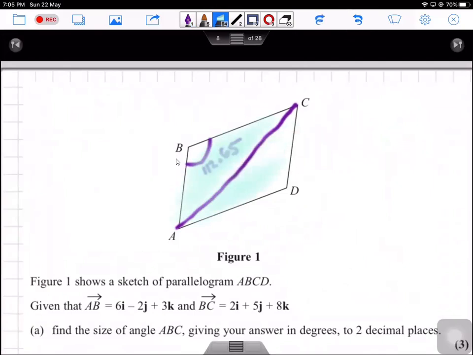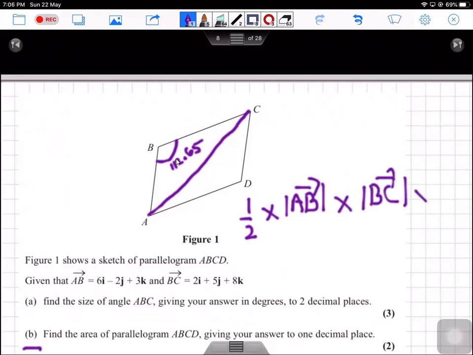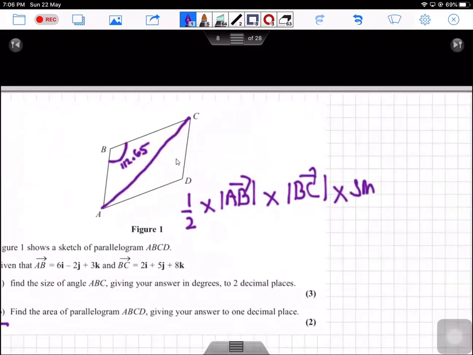So we can make a formula over here: half multiplied by the magnitude of vector AB multiplied by the magnitude of vector BC multiplied by sine ABC. Through this we would be able to find the area of triangle ABC, and then this area of the triangle will be multiplied by 2. So we will get the area of the parallelogram.